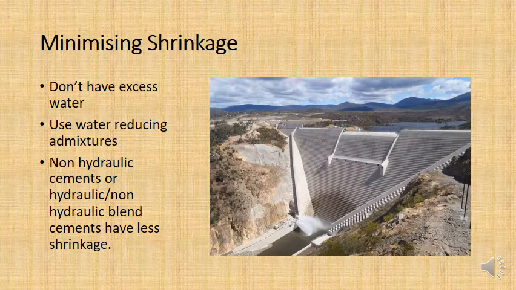Another way you can reduce shrinkage is to be careful about what kind of cement you use. Non-hydraulic cements, things like lime, or hydraulic, non-hydraulic blends, something like Portland cement pozzolan.